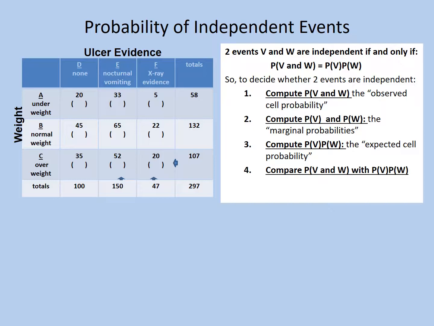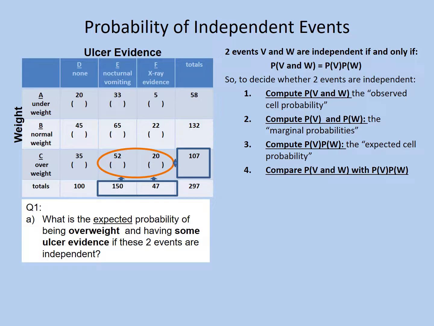And then lastly, we compare P of V and W with the product P of V times P of W. Based on this definition of independent events, we now ask, what is the expected probability of being overweight and having some ulcer evidence if these two events are independent?